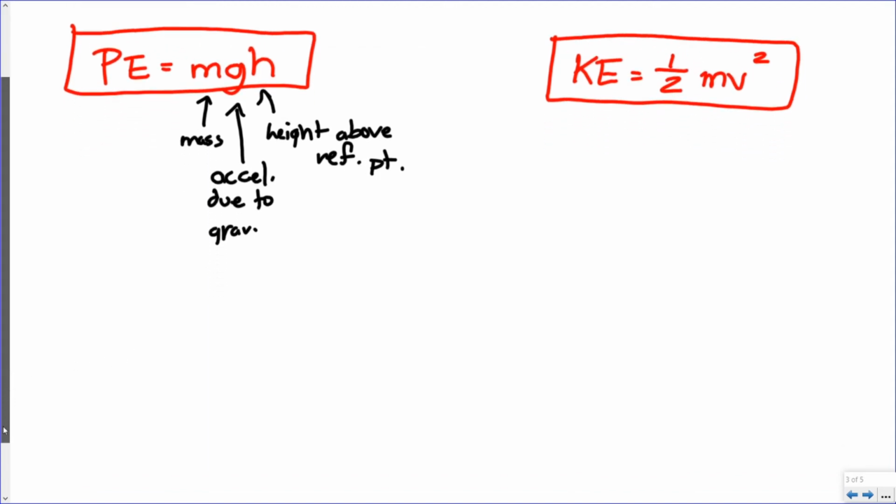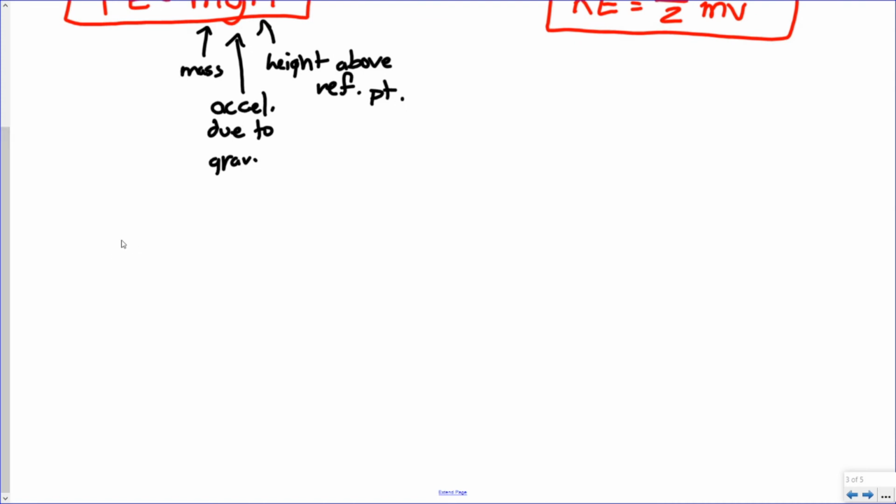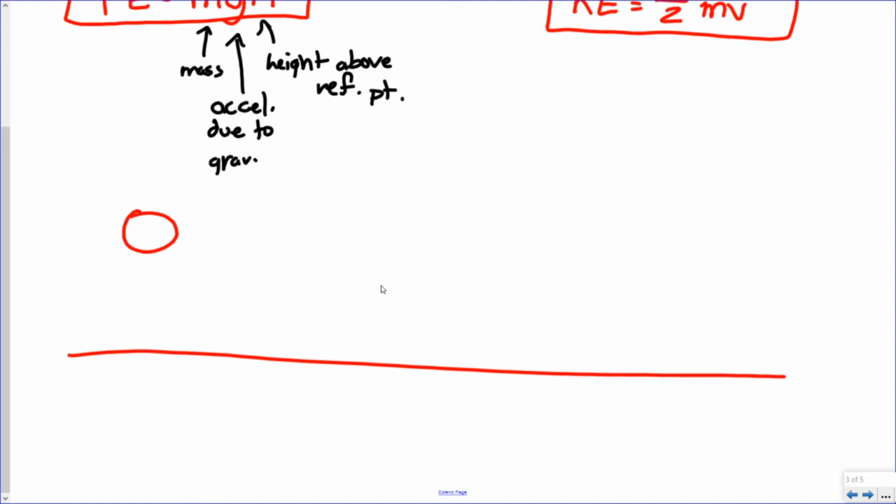If we take a look at our ball example again, let's just draw this again. Right here, here, and here, there was my ball. Let's talk about the actual energy. Let's give this some units.